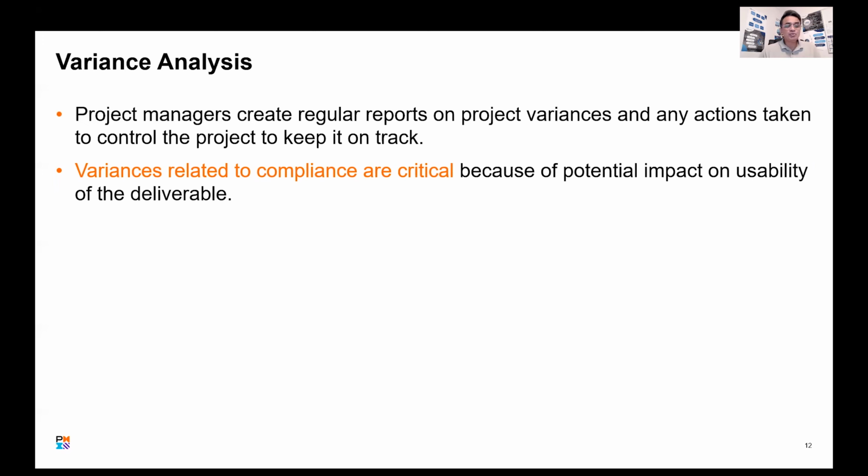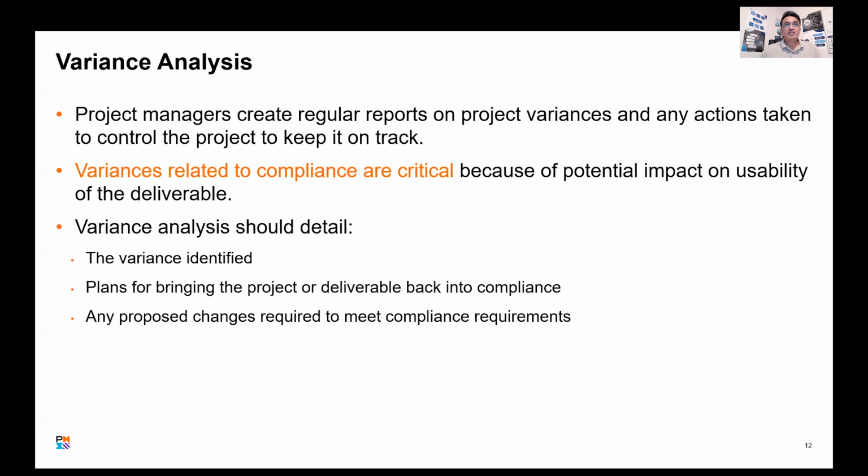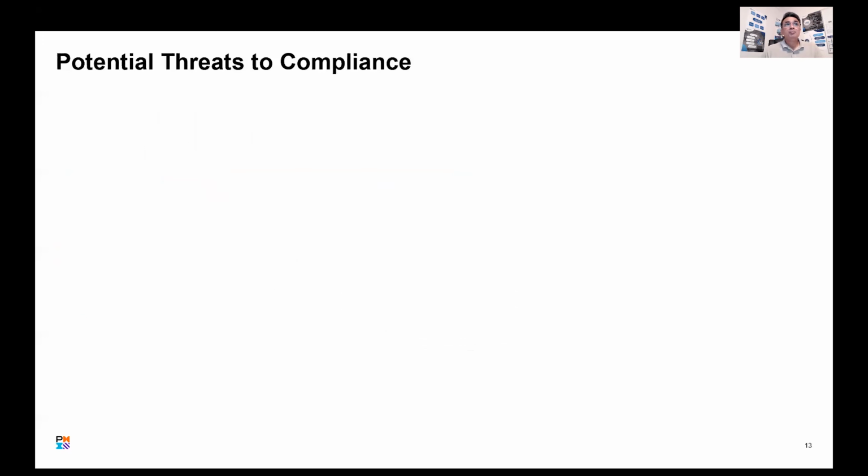If your construction does not comply with the legal requirements, you can't use it properly at all, no matter how expensive or big it is. Variance reports should detail plans for bringing the project back into compliance, any proposed changes required to meet compliance requirements, and potential threats to compliance.